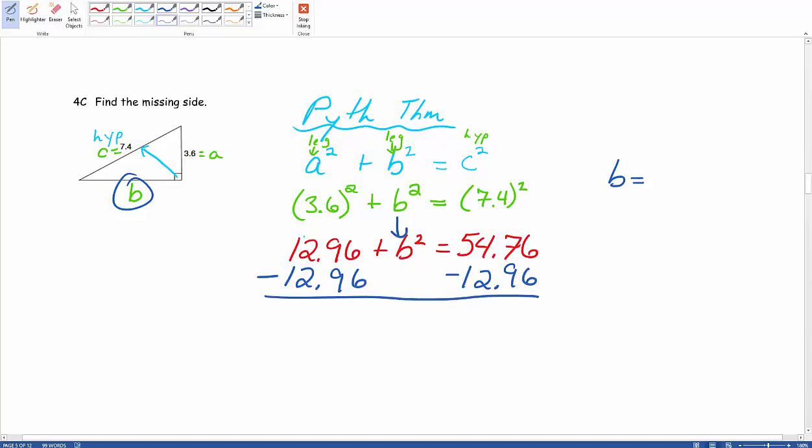Now with our positive 12.96 and our negative 12.96, those will actually drop out and cancel one another, leaving us with just our B squared on that left side of the equation. We have B squared over here. And then our 54.76 minus our 12.96 gives us 41.8.